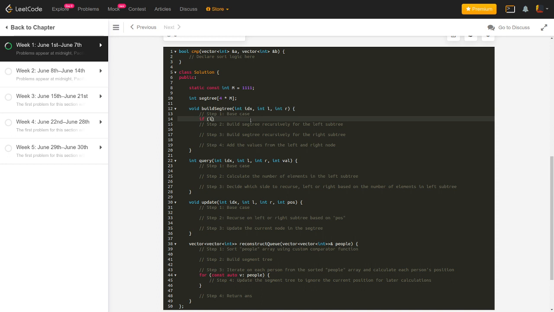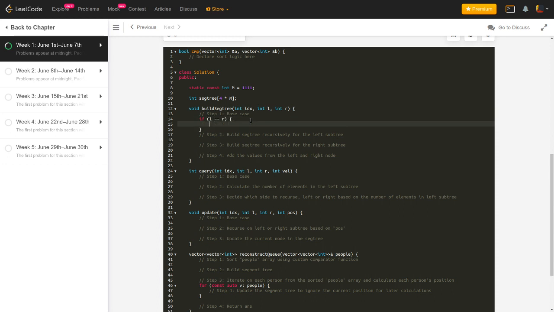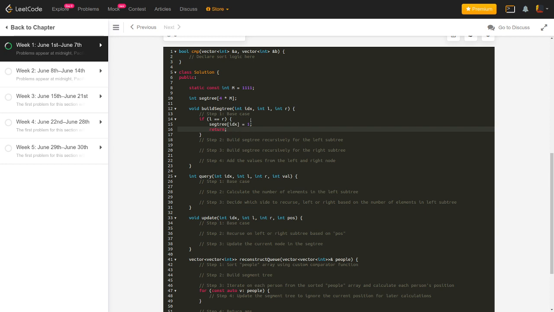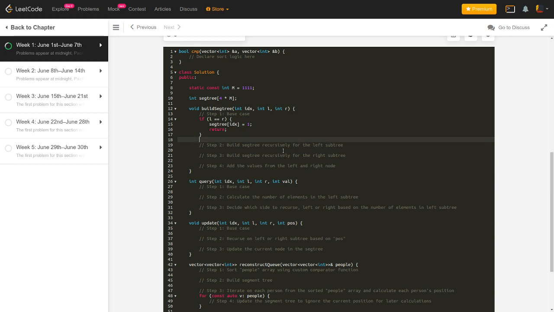The base case is if L double equals R, that means I have reached the leaf node. If I have reached the leaf node, then I need to make that particular index of the segment tree 1, and I just return from the build segment tree function. Okay. Step 2 is to build the segment tree recursively for the left subtree. Before that, I actually need to calculate the mid. So mid is going to be L plus R by 2.